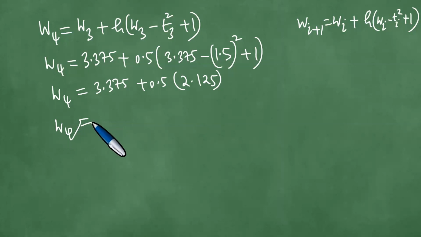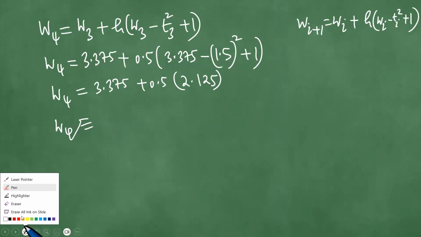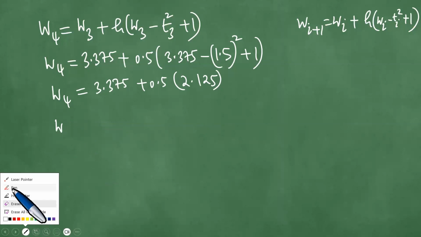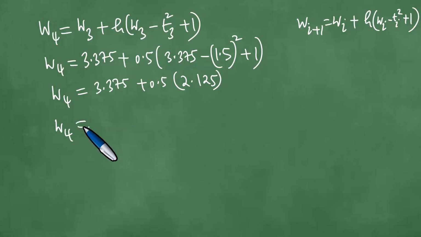It means that W4 is the same as, if you add everything, 4.4375. Okay, so we got W4.